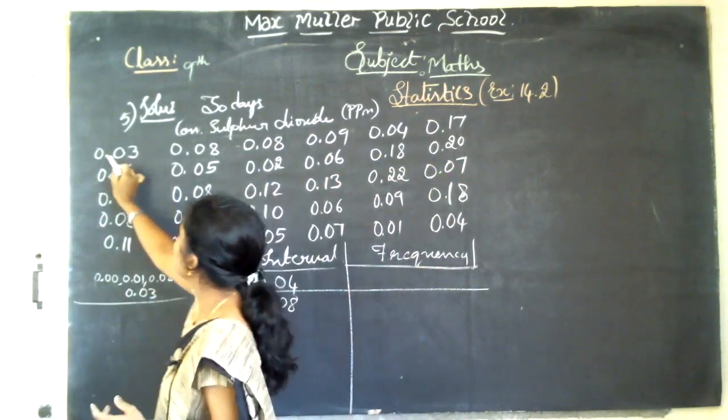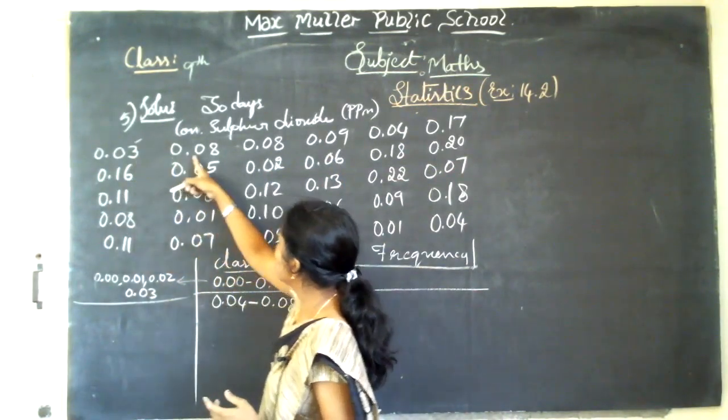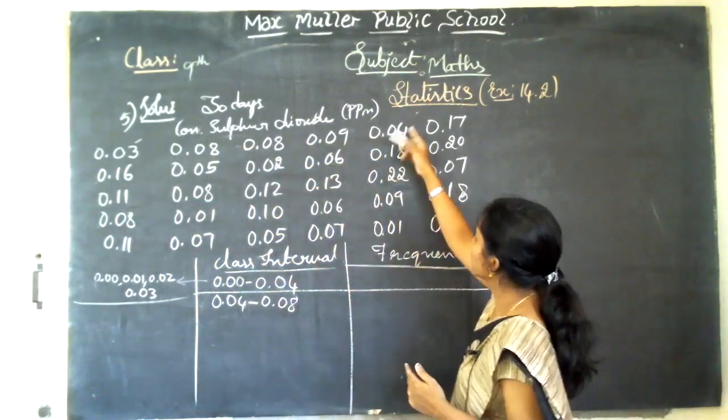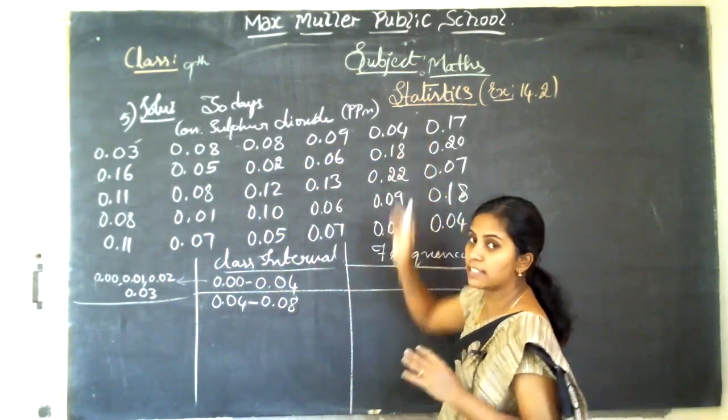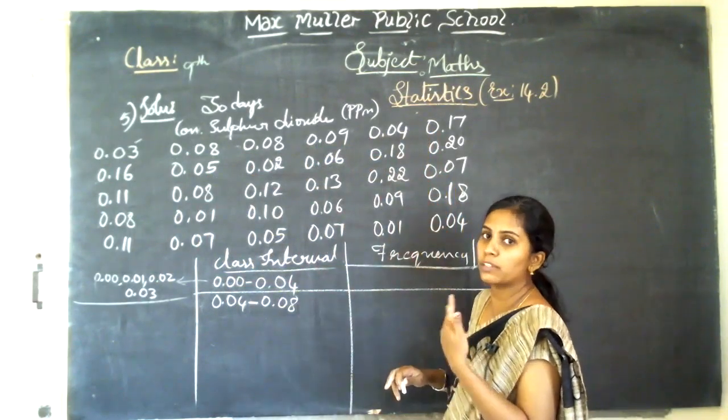So 1, 0.9. Check it for less than 4. Less than 4 means it is not equal to 4 and not more than 4.